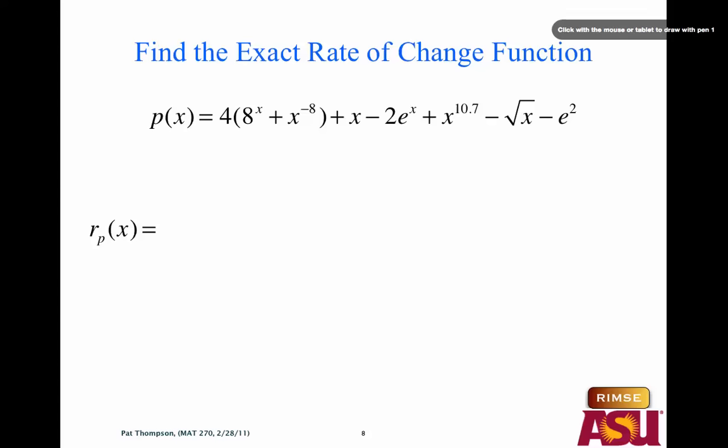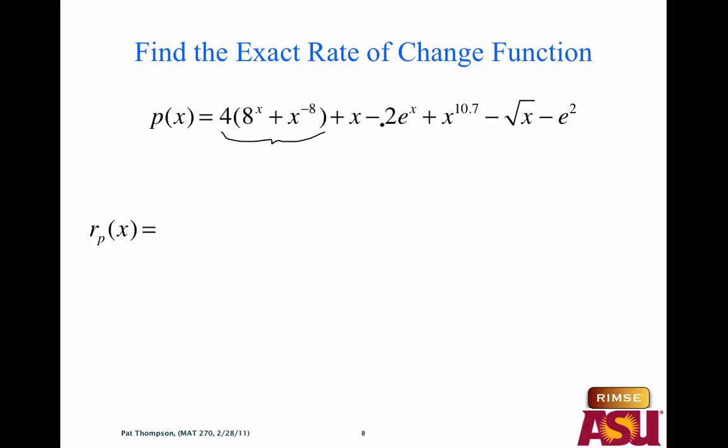So we're going to apply the sum rule first. The sum rule says do the individual rate of change functions for each term. So we start with this, and we come to this one, and we say, what's the overall structure of that? Is it a constant times a function, or is it two things added?